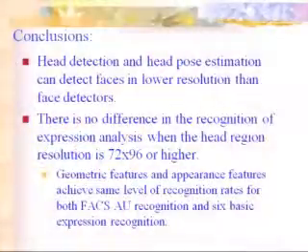Here is the conclusion for the performance evaluation. The head detection and head pose estimation can detect the face at very low resolution, and it's much better than the face detector. There is no difference in the expression recognition when the face region is larger.